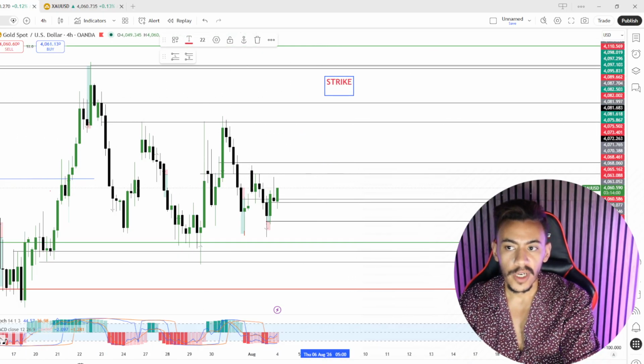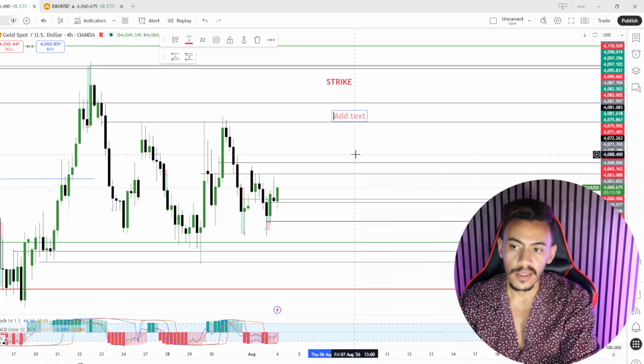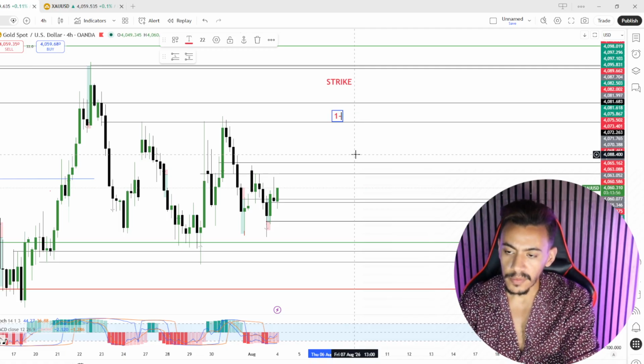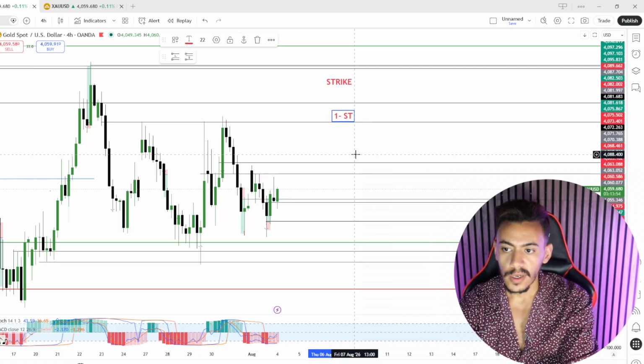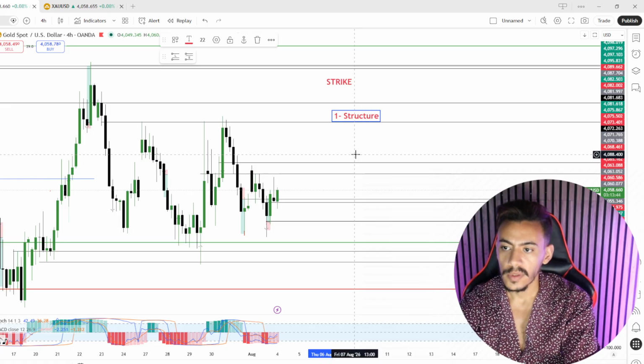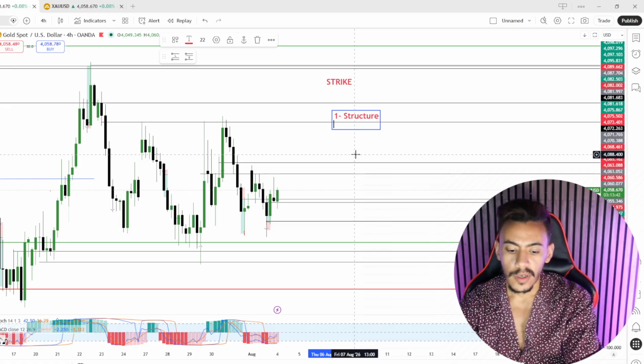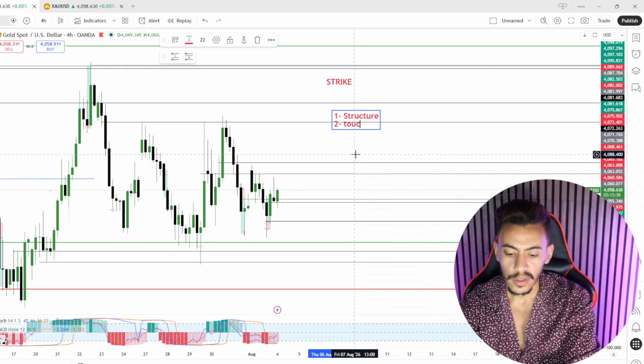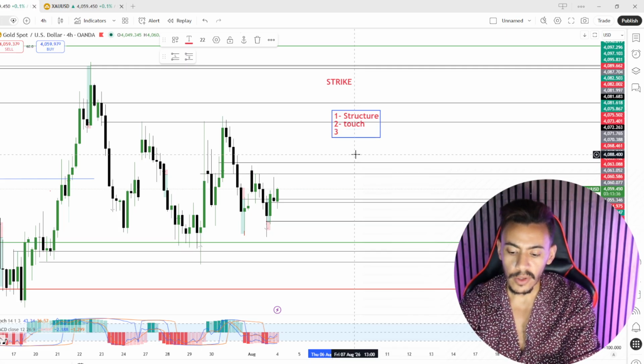So if you are a STRIKE trader, you will be looking for these steps. Number one, you are looking for a structure. Number two, you'll be looking for a touch. Three, you'll be looking for rejection.